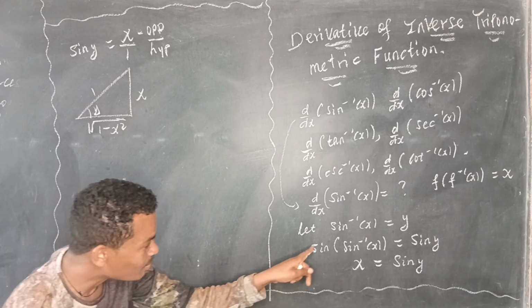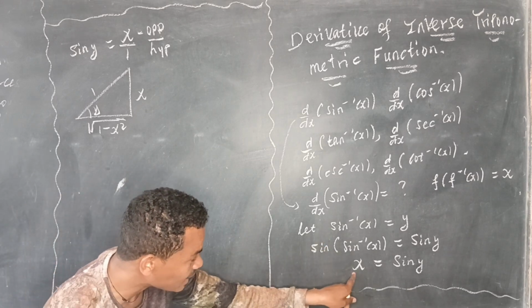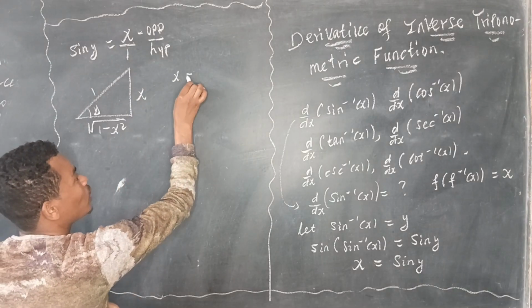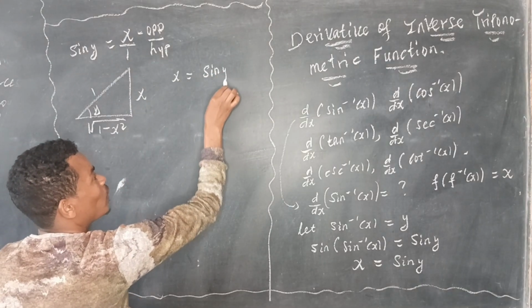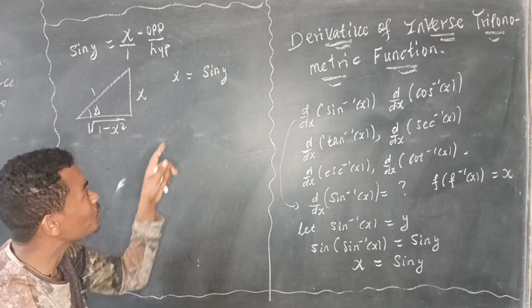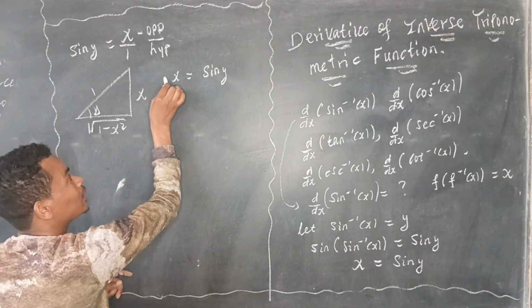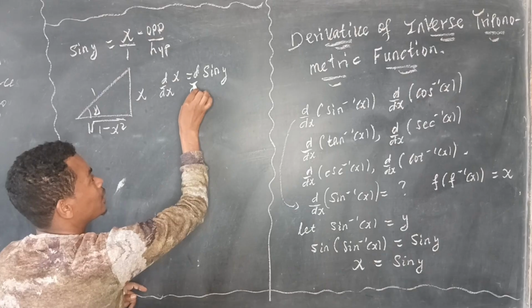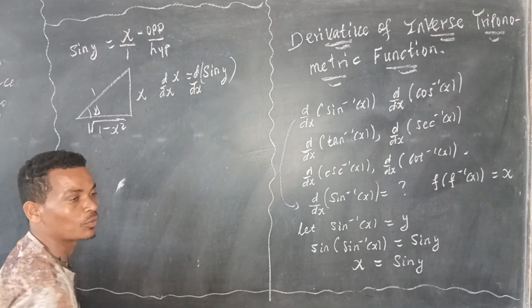Now, we said x is equal to sin y. Let's take the derivative of both sides with respect to x. That is d by dx of x and d by dx of sin y.